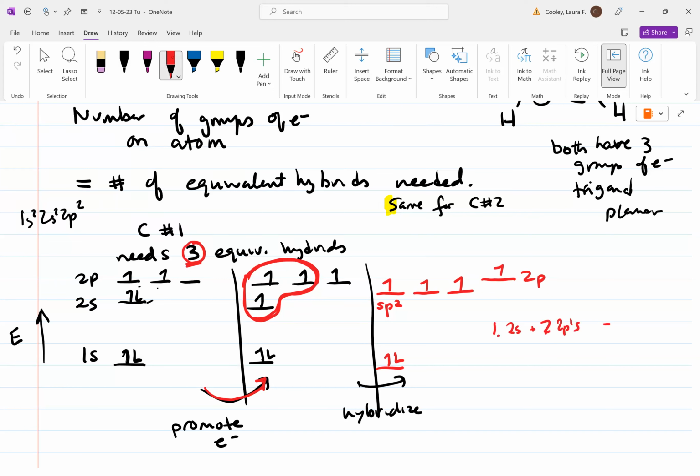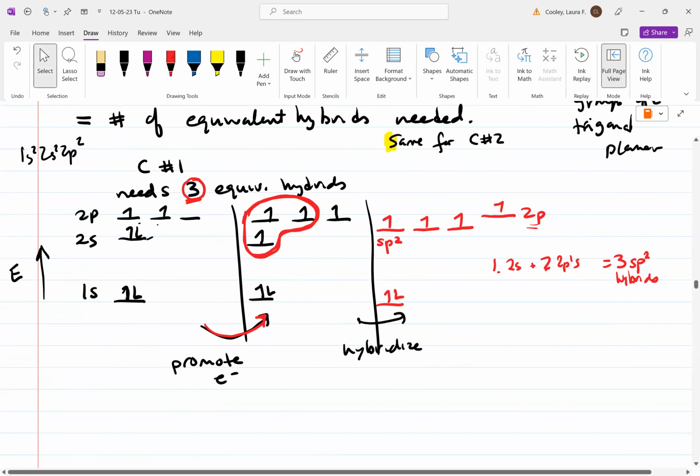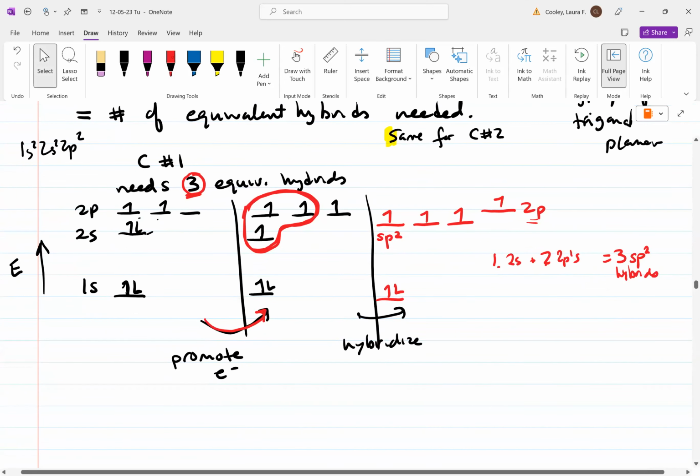That's 1 plus 2 equals 3 sp2 hybrids. So here we're circling the 2s and 2 of the 2p's, and we make 3 sp2 hybrids, and we have 1 p orbital here. That's going to be for the second bond of the double bond.